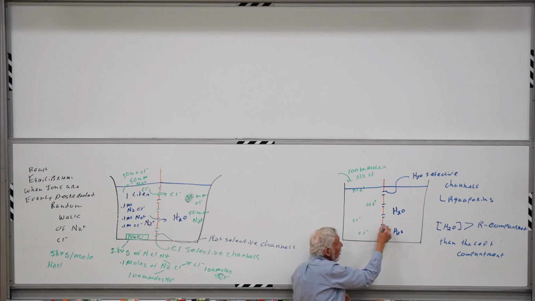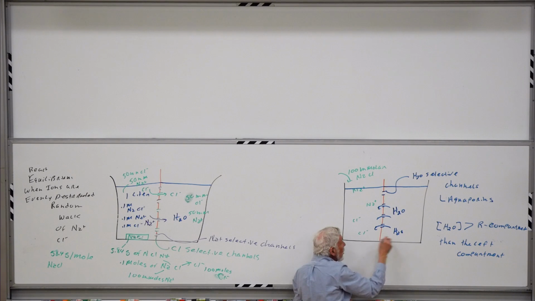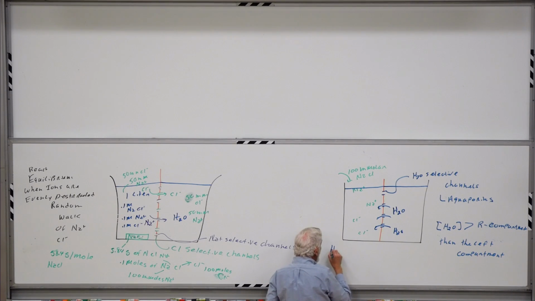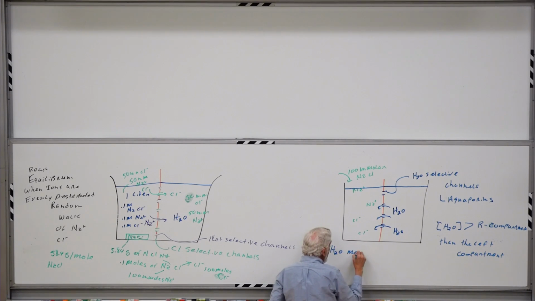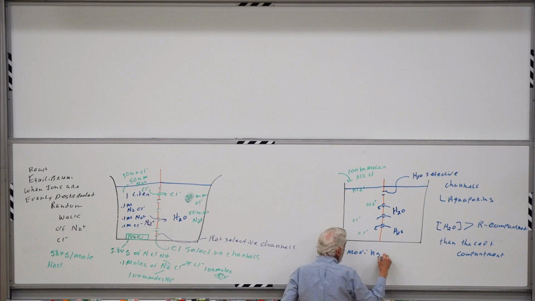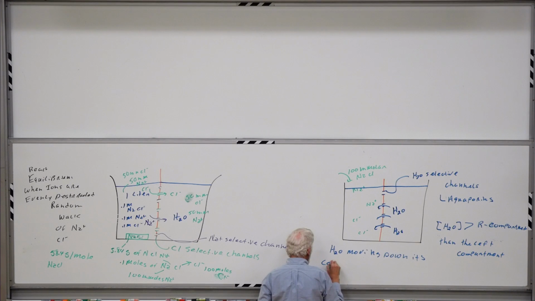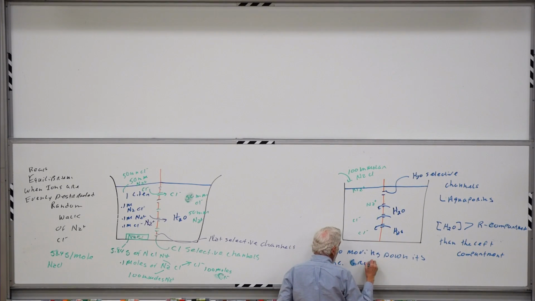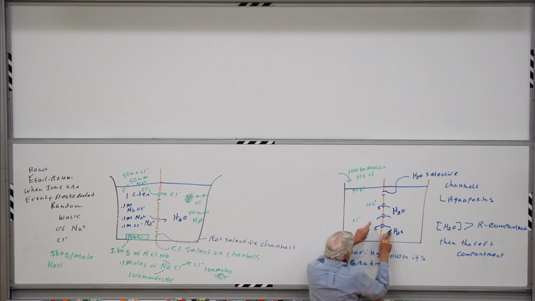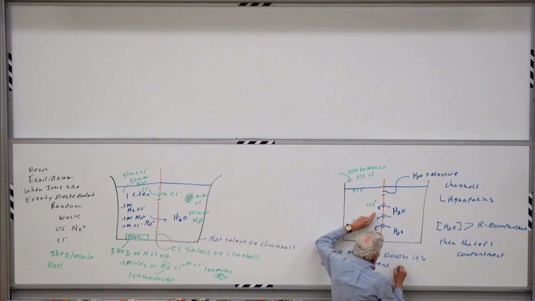Water's higher here than here, so water's going to move down its concentration gradient. This process of water moving down its concentration gradient has a name. The movement of water down its concentration gradient is known as osmosis.